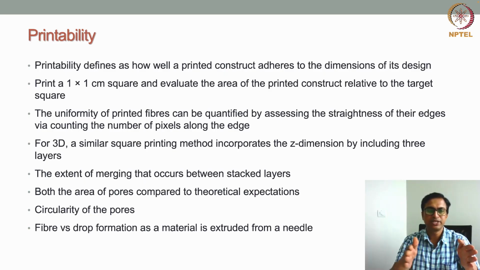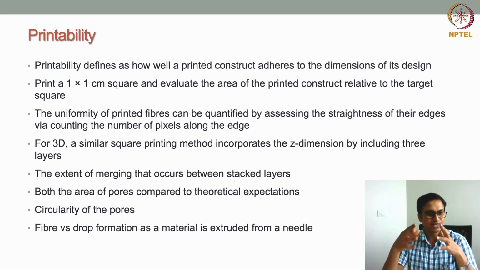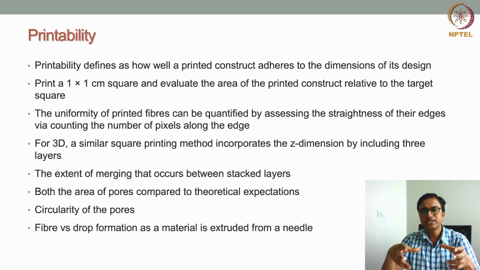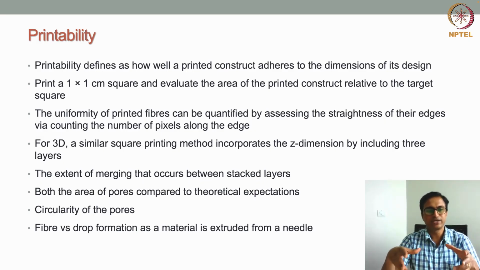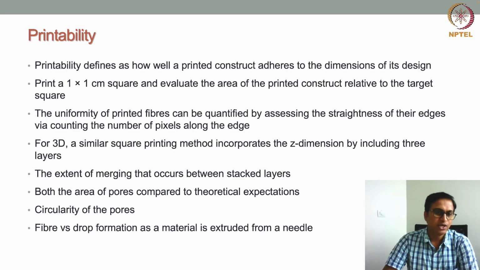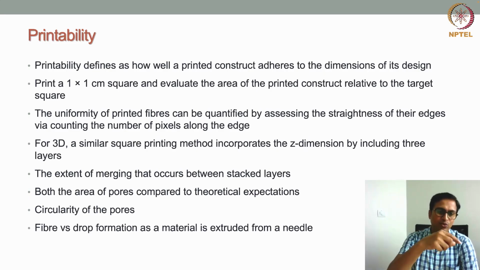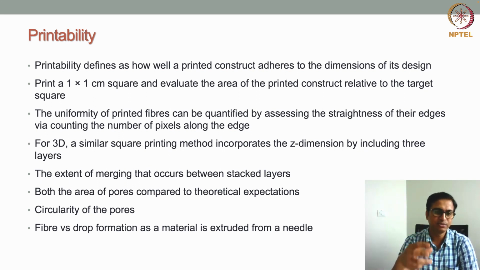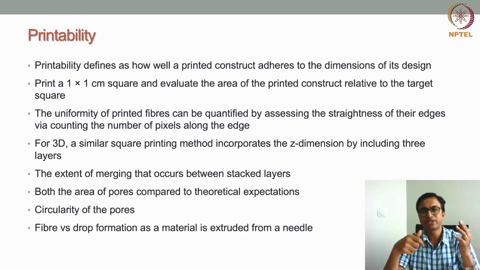Now when somebody prints a 1 by 1 centimeter square and then evaluates the area of the printed construct in relation to the CAD model, they can understand what the size of that square is in the printed construct and in the CAD model.